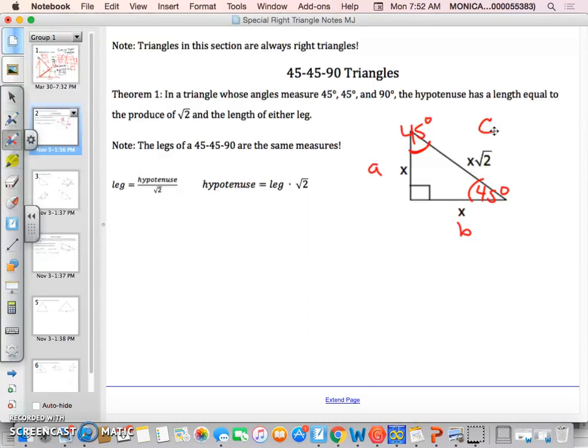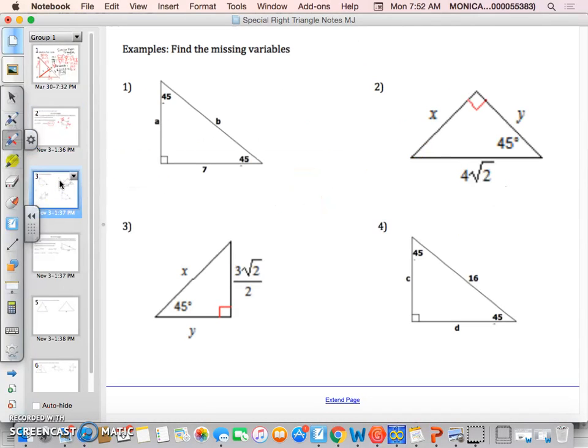So these are the rules. So if you wanted to find a leg, you could just take the hypotenuse and divide it by the square root of 2. And if you wanted to find the hypotenuse, you just take the leg and multiply it by the square root of 2. So these are the rules you have to remember so that you can apply them to find missing legs. So let's look. If we see here, we've got a 45, 45, and a 90.